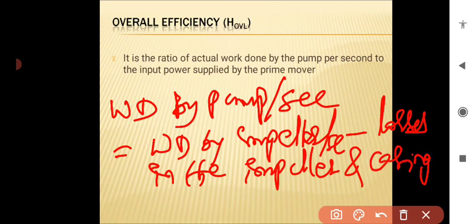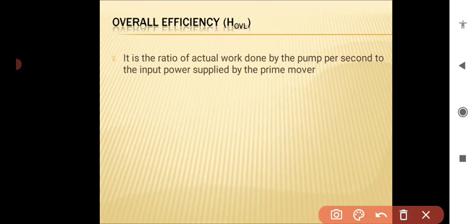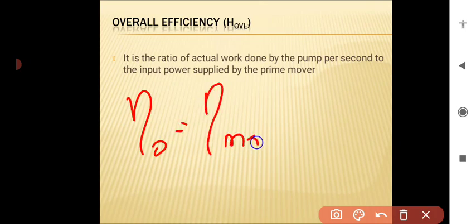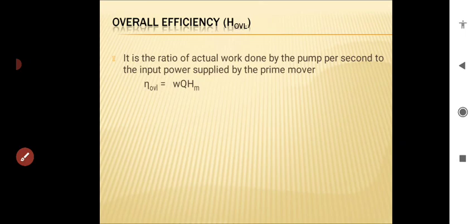This is the work done by pump per second. And overall efficiency is also denoted as: overall efficiency is equal to manometric efficiency into mechanical efficiency. This is known as overall efficiency. Observe here.